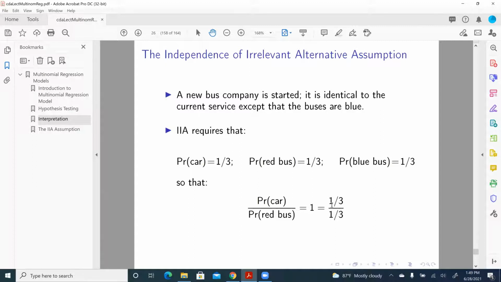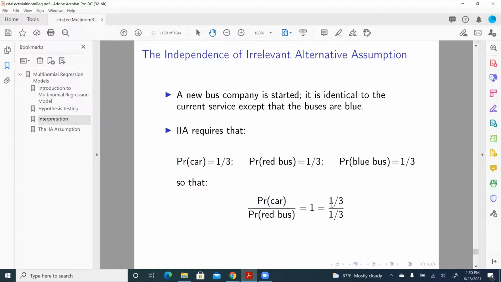In this case, that might not be true, because there's a reason why one chooses car versus bus. The thought process could be, either bus or car. Once one picks bus, then that individual is going to choose between blue bus or red bus. So the introduction of the blue bus does change the original relationship, to be fair.